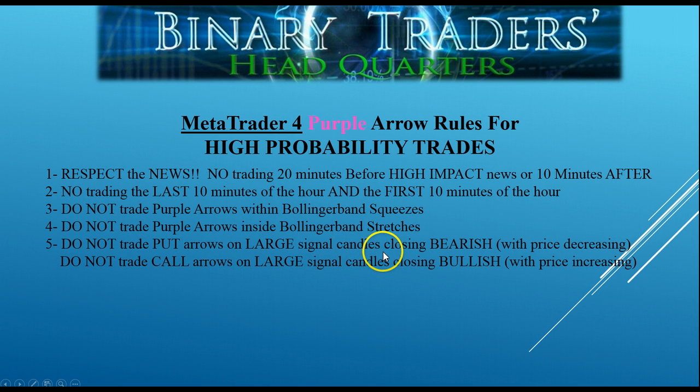So large candles closing bearish or with price decreasing. So we don't take puts on bearish candles, which means price is going down, and we do not trade call arrows on large signal candles closing on bullish candles or candles where the price is going up.